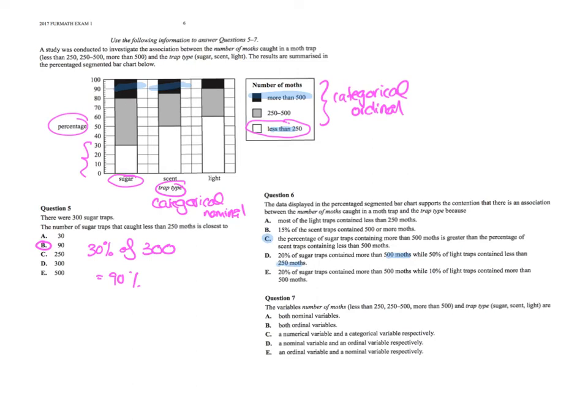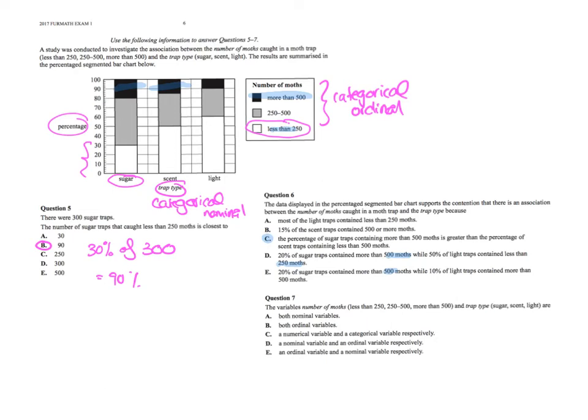And the sugar traps, 20%, well now wait a minute. So what about this one? 20% of the sugar traps contain more than 500 moths, while 10% of the light. So what category is that? Light traps and 500.